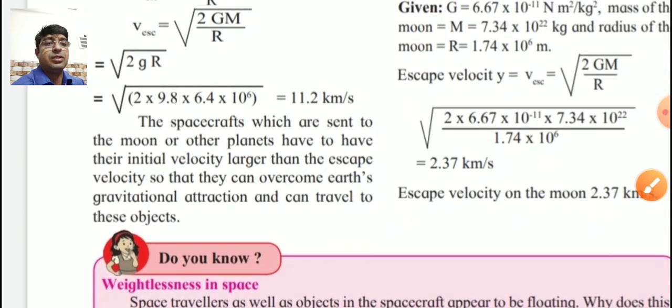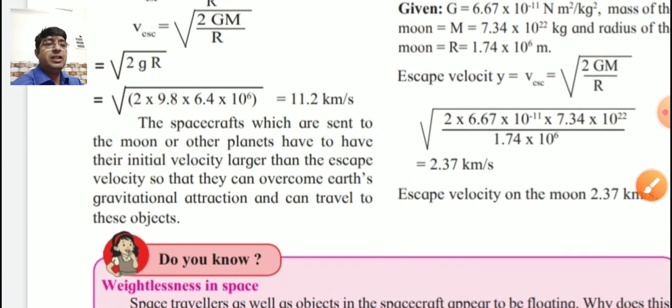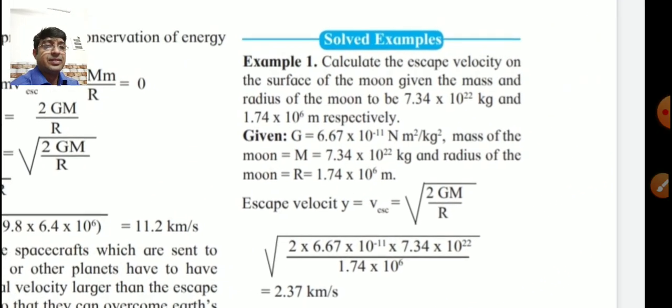Now see the explanation. The spacecraft which are sent to the moon or other planets have to have their initial velocity larger than the escape velocity, that is 11.2 kilometer per second, so that they can overcome Earth's gravitational attraction and can travel to these objects.